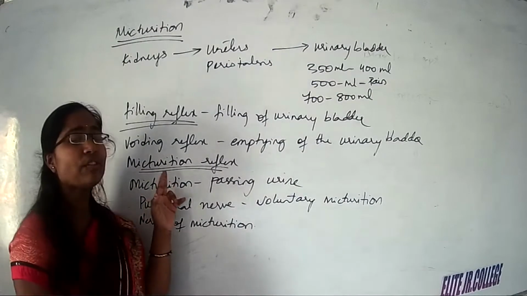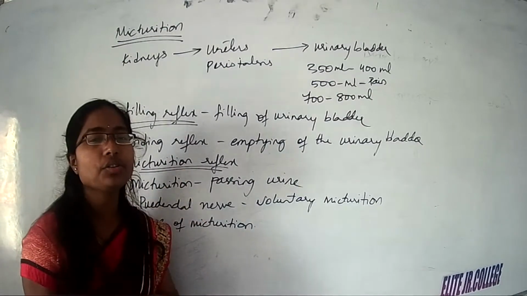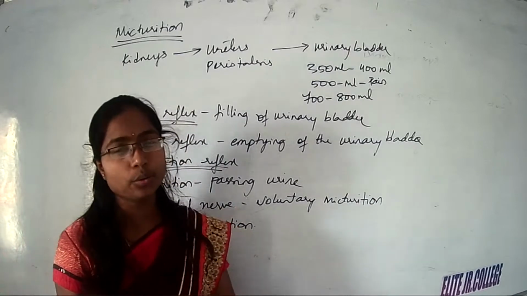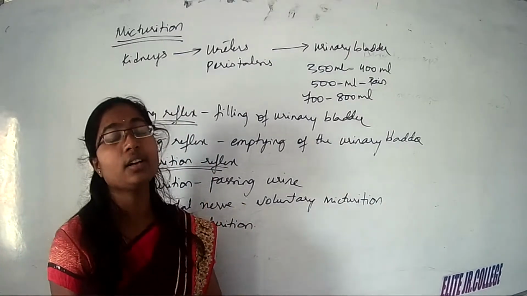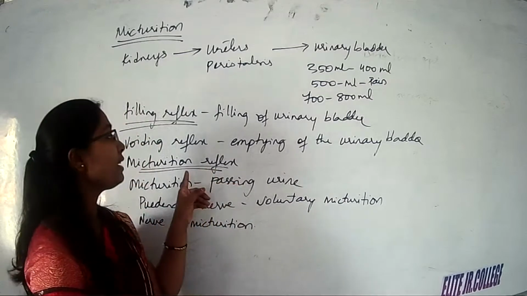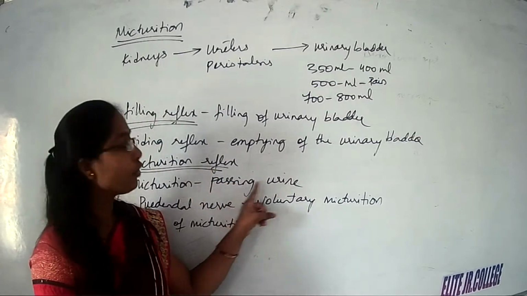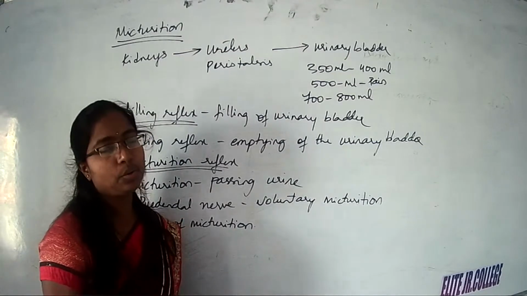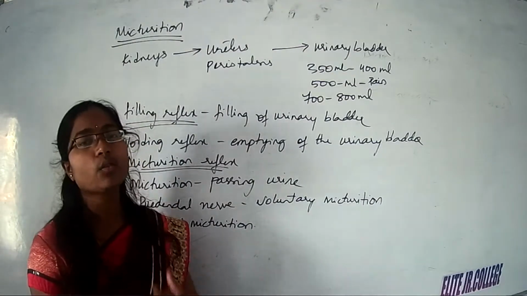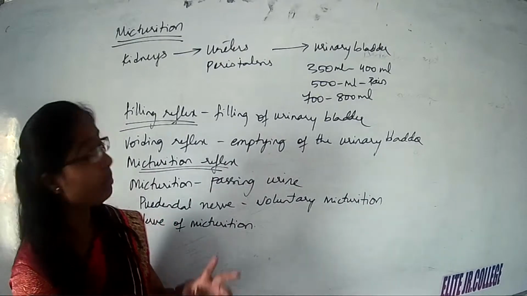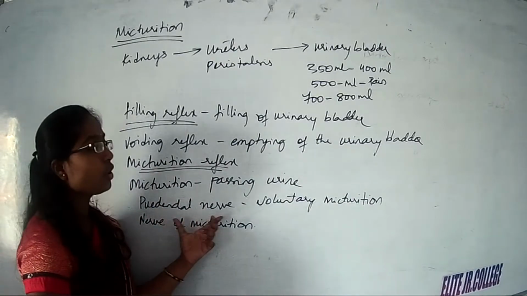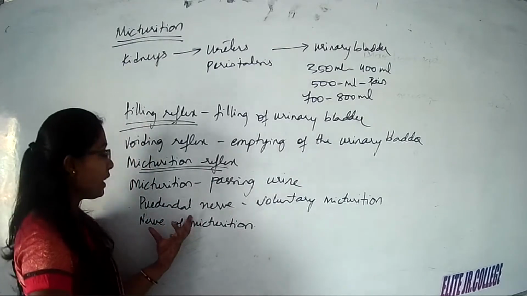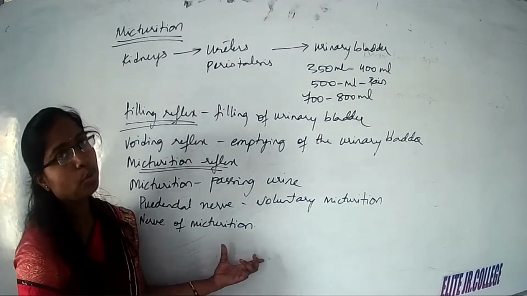Then we have the micturition reflex, which is going to control micturition. The passing of urine out of the urinary bladder through the urethra is called micturition. This micturition is under our voluntary control. It is controlled by the pudendal nerve, which voluntarily controls our micturition. That is why the pudendal nerve is called the nerve of micturition.